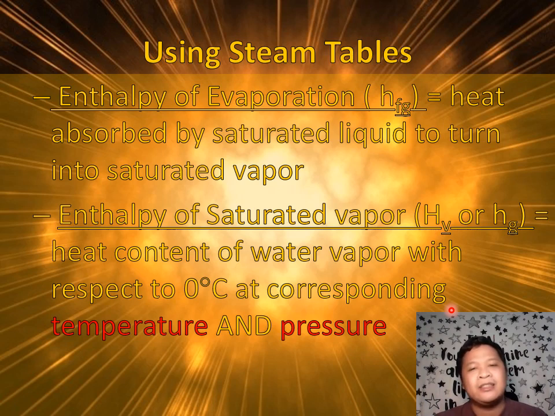Nag-start ka sa steam with this temperature and this pressure, and then you ended up with liquid at this temperature and pressure, and then you just compute those values and subtract from each other. And ang use nito, of course, is to determine how much steam you will need, for example, to process a certain volume or weight of your product.